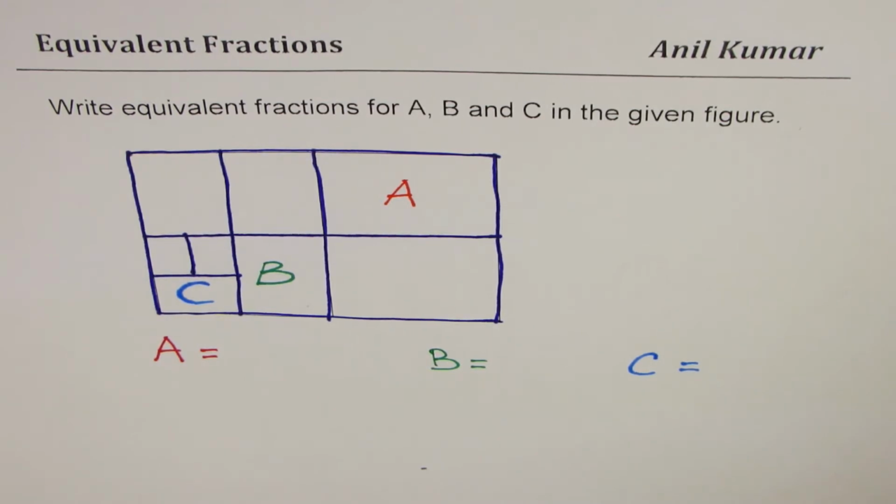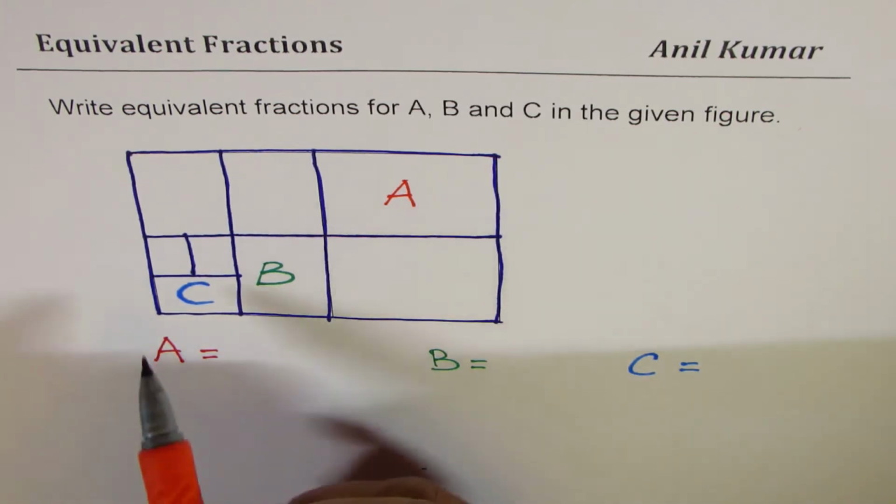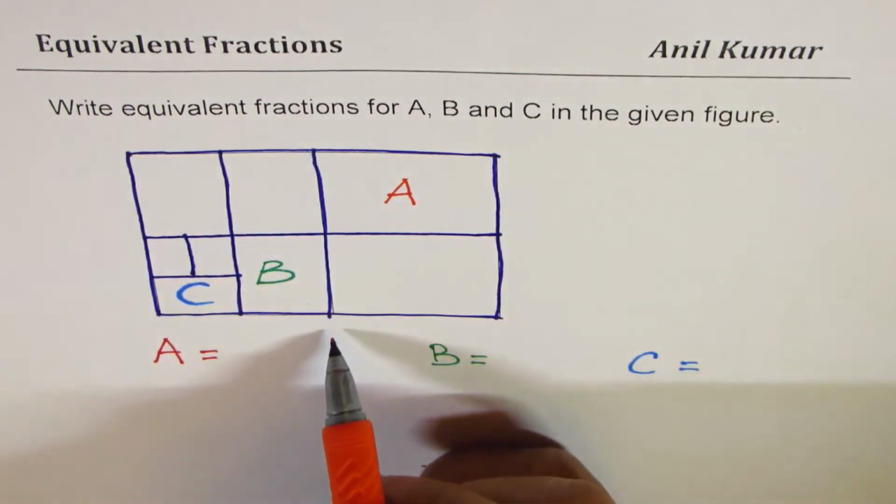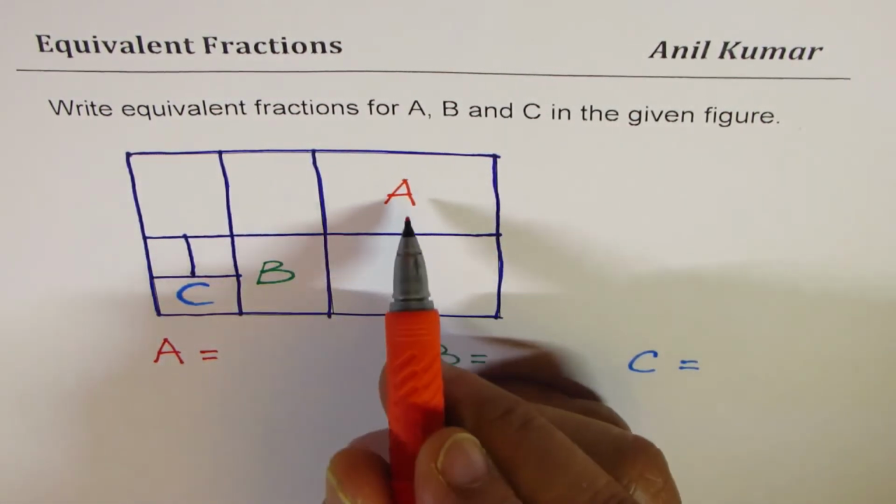So I'd like you to take your time, solve this particular question, think about it, and then look into my solution. So let me begin from the very beginning. What we did was we took this particular thing which was one whole, right, big rectangle, then we did half, and A was 1/4.